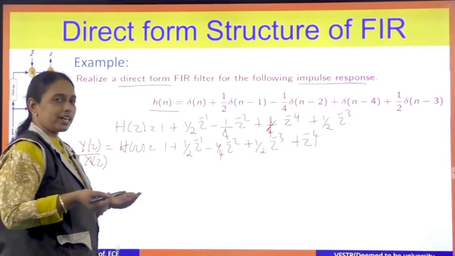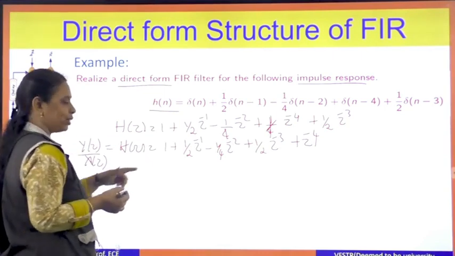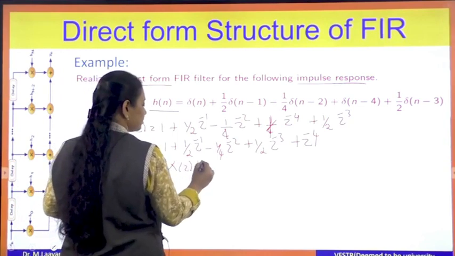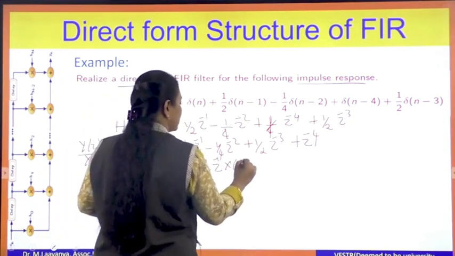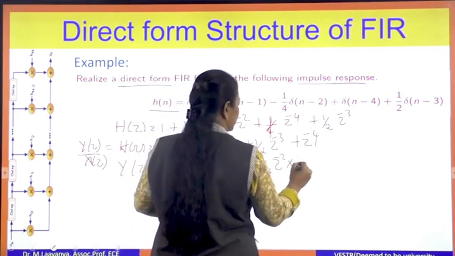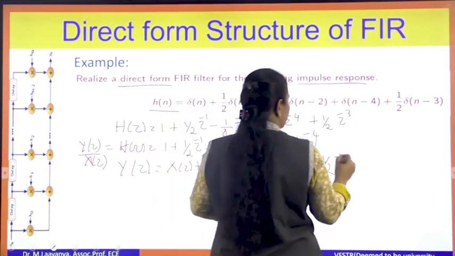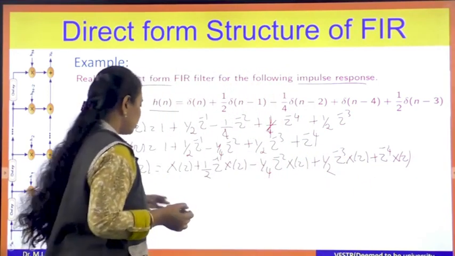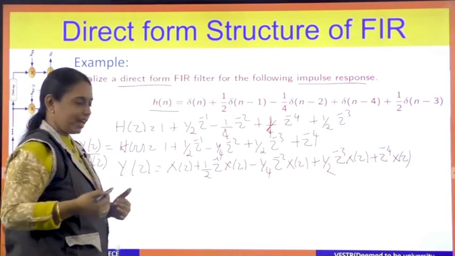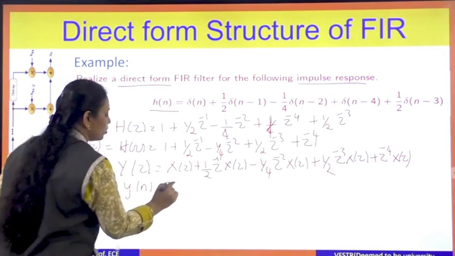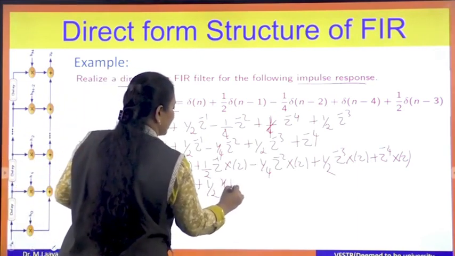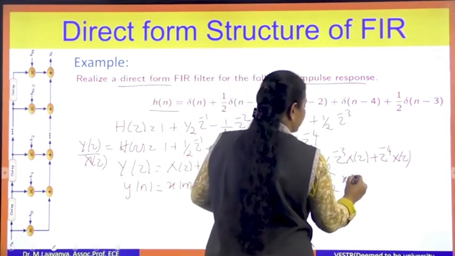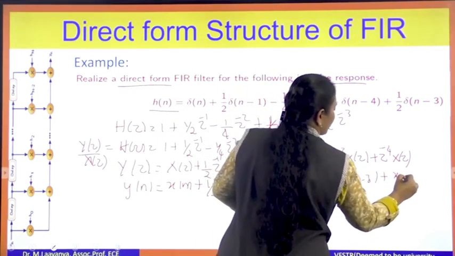To draw the direct form, what I have to do is take y of Z equal to, bring this x of Z here, so I will have y of Z is equal to x of Z plus half Z inverse x of Z minus 1 by 4 Z power minus 2 x of Z plus 1 by 2 Z power minus 3 x of Z plus Z power minus 4 x of Z. If you want you can take the inverse also and write y of n is equal to x of n plus half x of n minus 1 minus 1 by 4 x of n minus 2 plus 1 by 2 x of n minus 3 plus x of n minus 4.